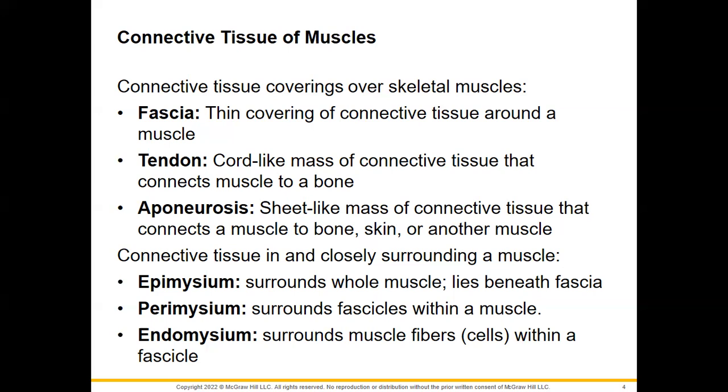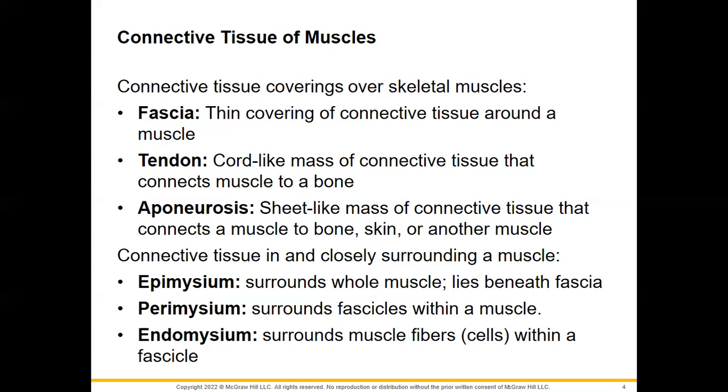But the way that skeletal muscle is packaged is through three other types of connective tissue that surround muscle. You have epimysium, perimysium, and endomysium. Epimysium is the connective tissue that surrounds the entirety of the muscle.